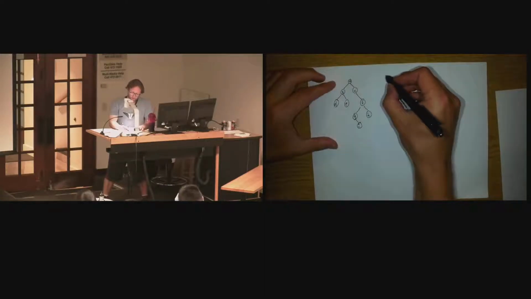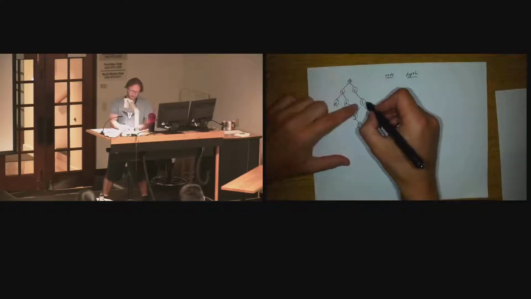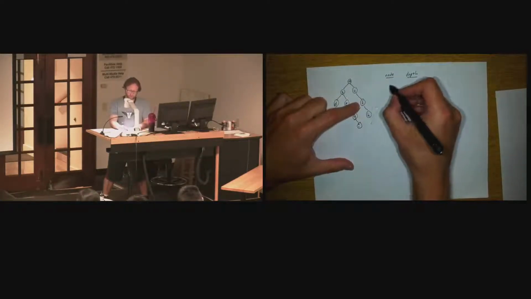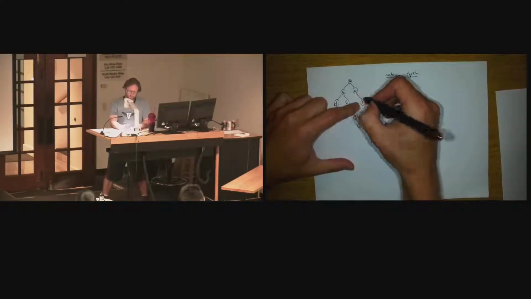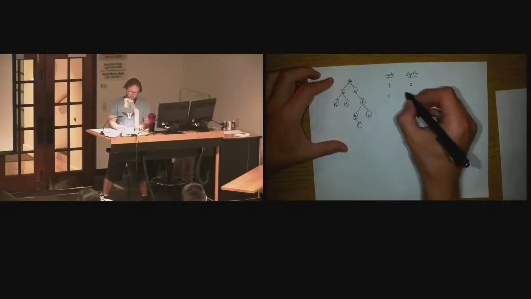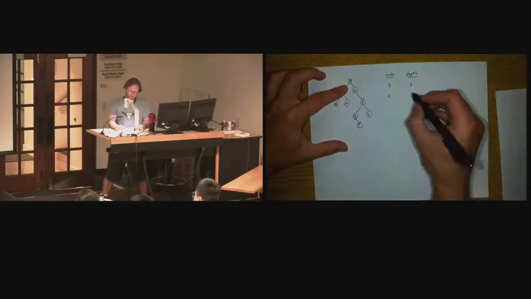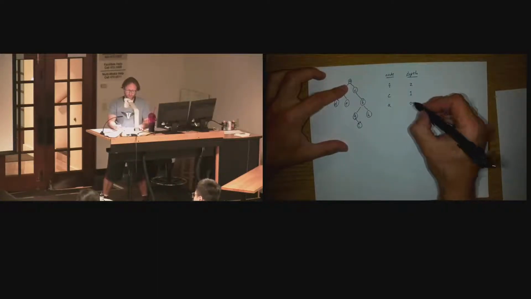So, node, we'll just take a few examples here. Depth. What about the depth of F? What's the depth of F? 1, 2. Going from the root down to F, there's a depth of 2. What about C? What's its depth? Just 1. What about A? What's its depth? 0. All right.